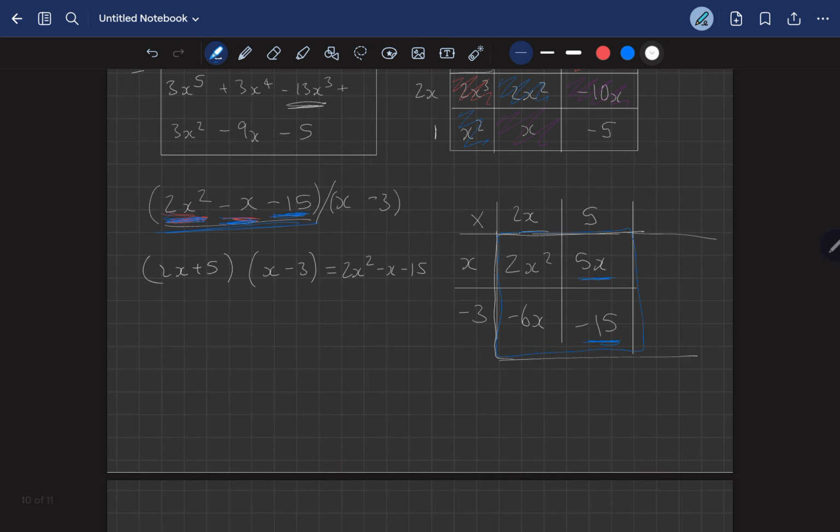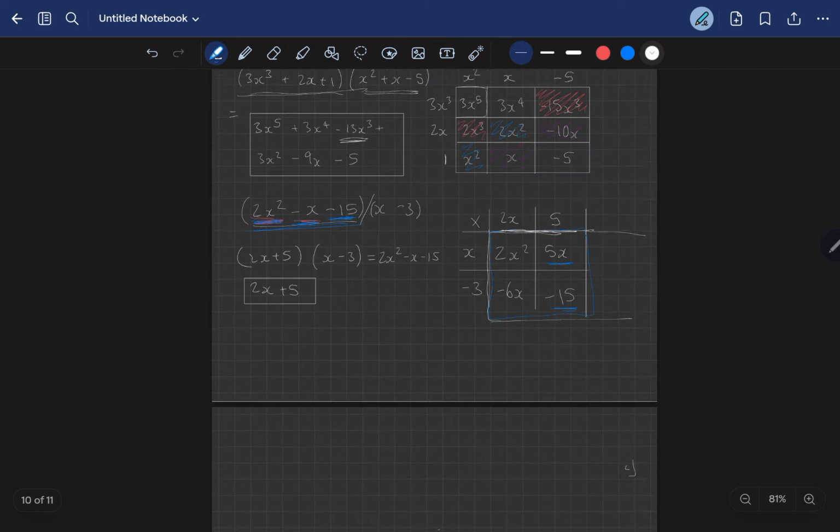So the answer to our division is 2x squared minus x minus 15 divided by x minus 3 is just 2x plus 5.